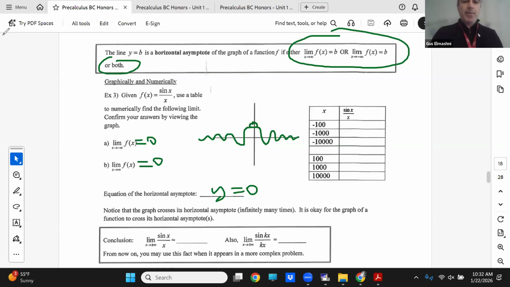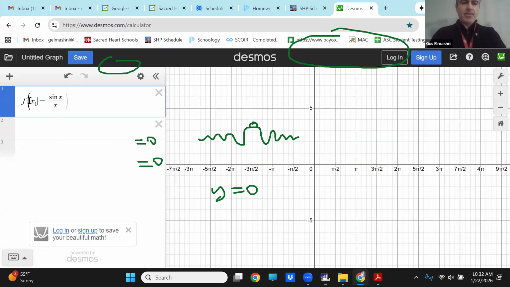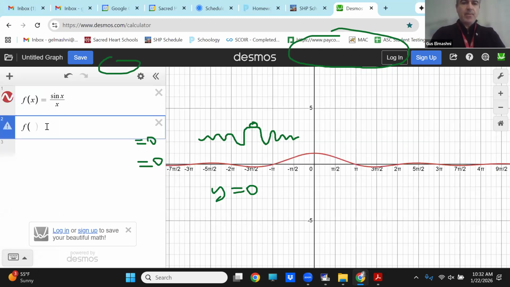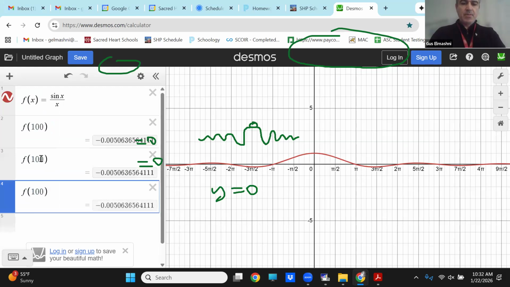And if we want to fill out the table, I know you guys know what's going to happen, but if I were to make that f of x and do f of 100, 1,000, 10,000, you get those really tiny numbers, right?